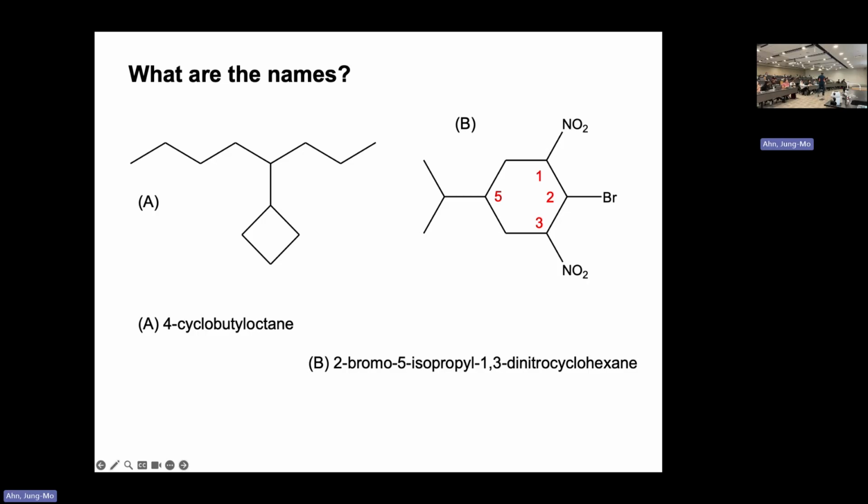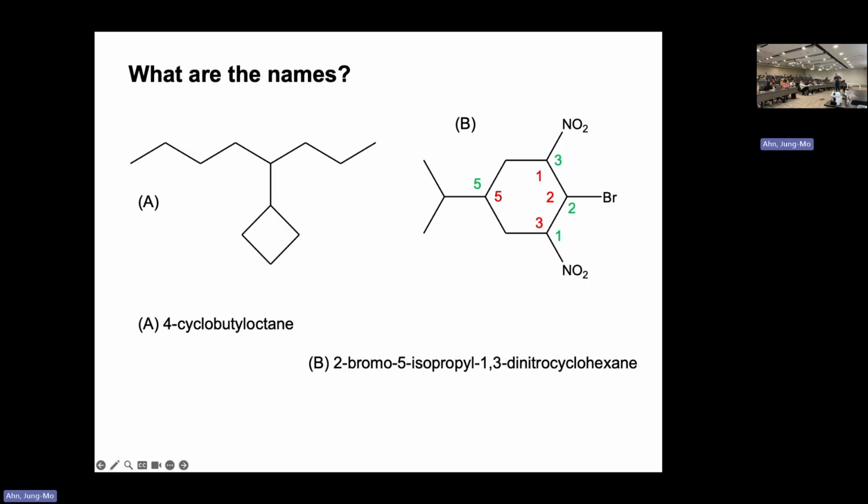But you may have a question there. What if we number in other directions? So you can start from here and then go this way. There's still going to be 1, 2, 3, and 5 substitution patterns. And then if you name this way, you're going to find the name becomes the same because 1,3-dinitro is still there, 2-bromo still there, 5-isopropyl still there.